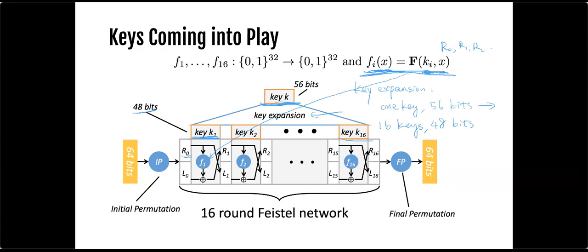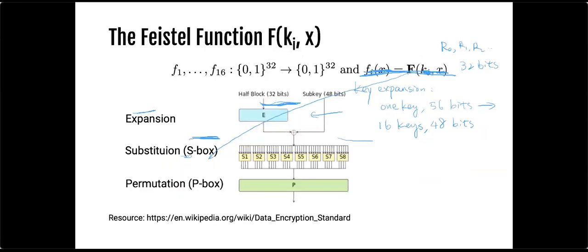This value is also a value of 32 bits. Now let's take a look at the Feistel function, which is this part. The Feistel function, as I said, is a combination.